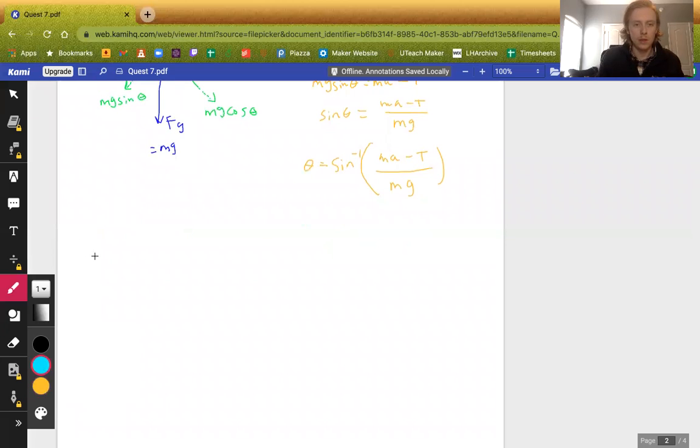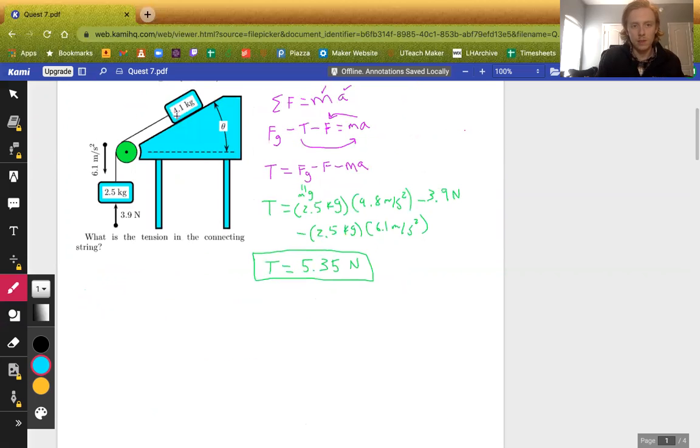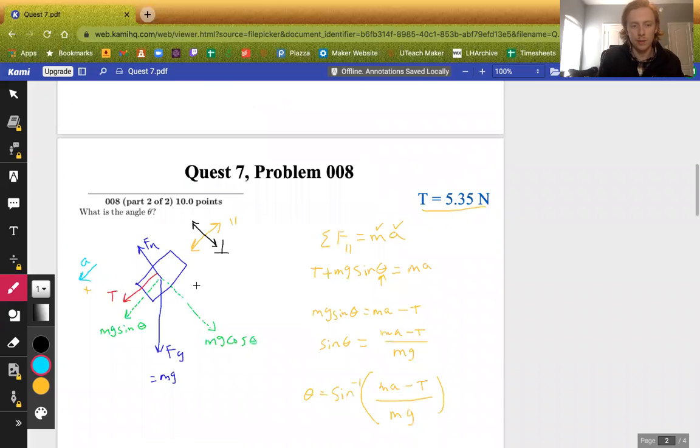So let me substitute in my numbers. I get theta equals the inverse sine of, let me scroll up. What's the mass of this box? 4.1 kilograms.